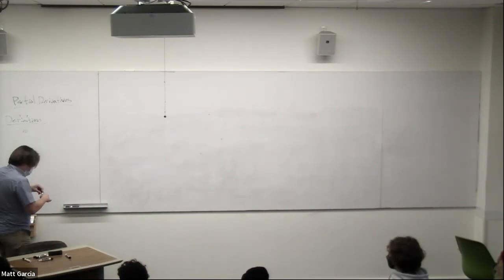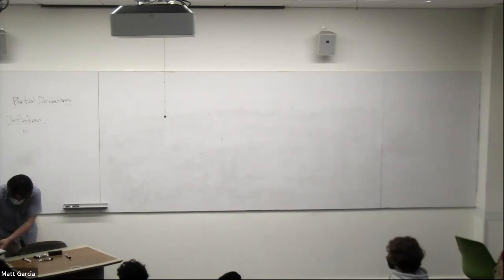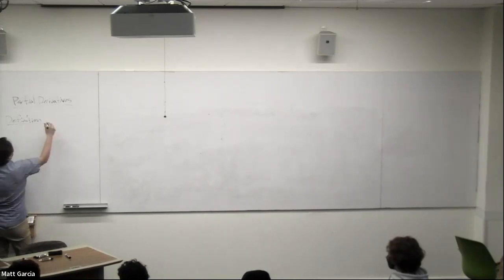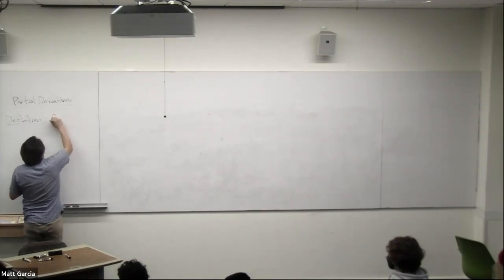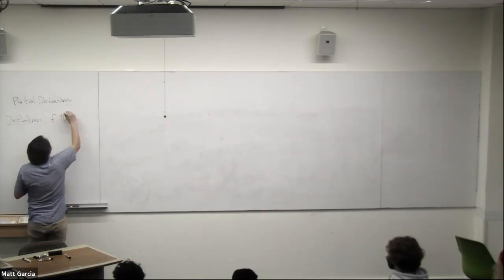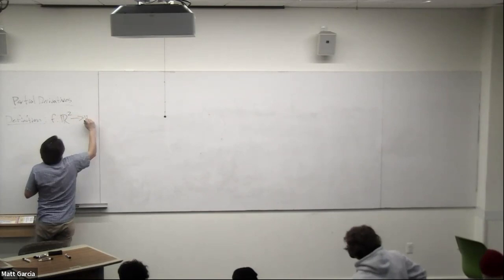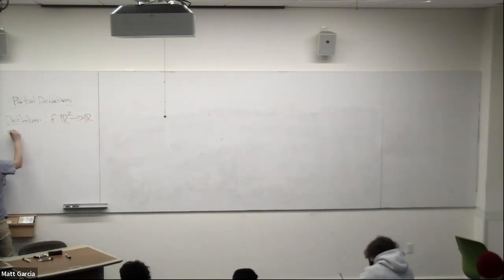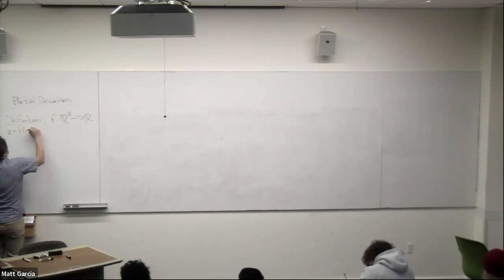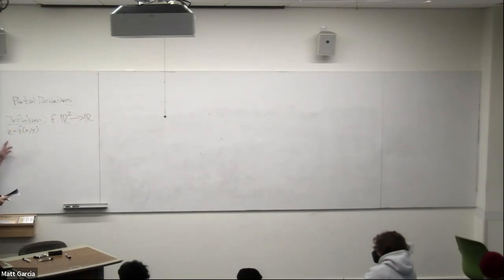Okay, so next. Our definition. Let's start by considering a function that goes from R2 into R. And it's often useful to think of this as having a variable associated to the output, just like we saw with the quadratic surfaces, right?